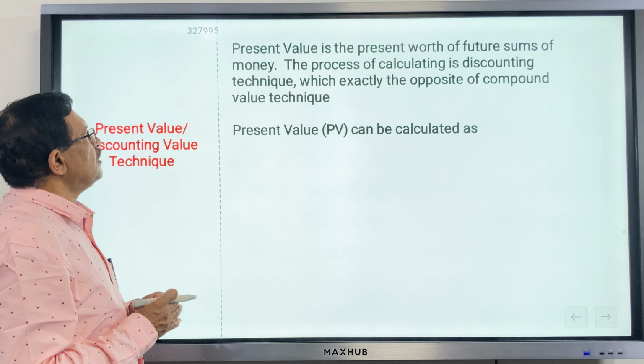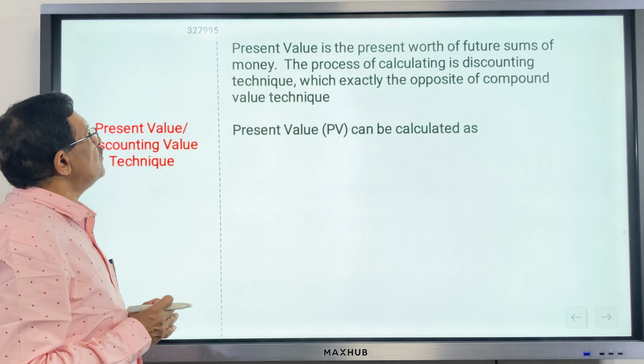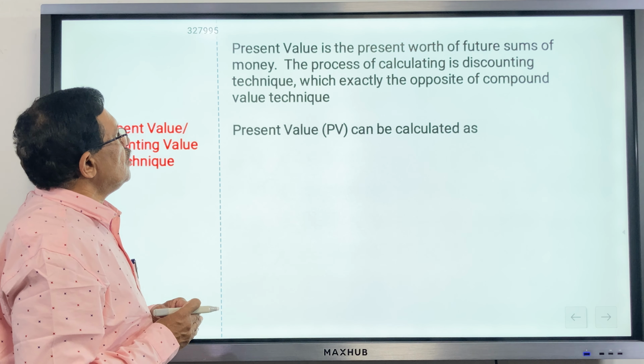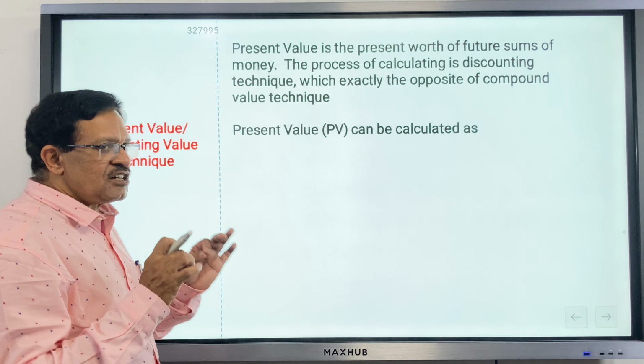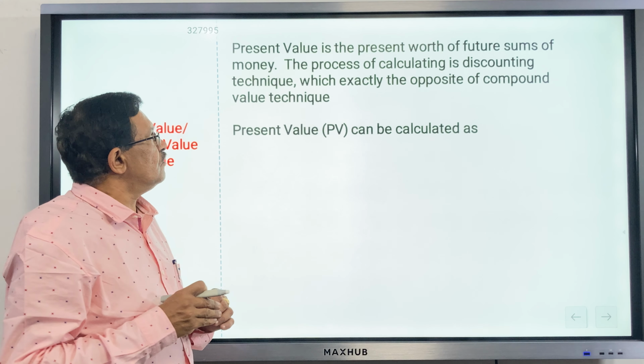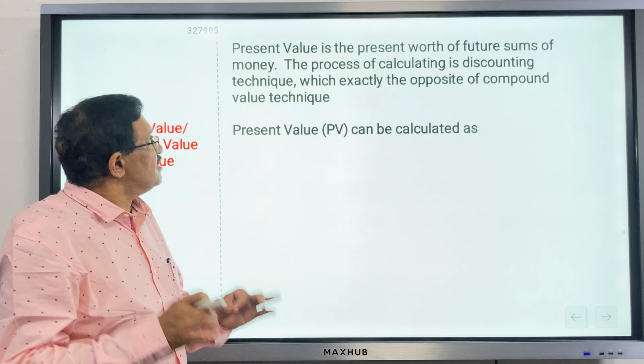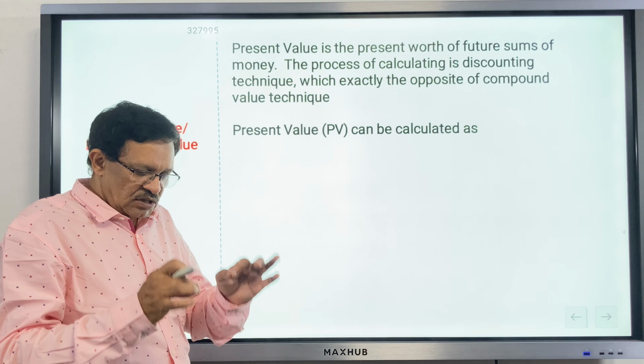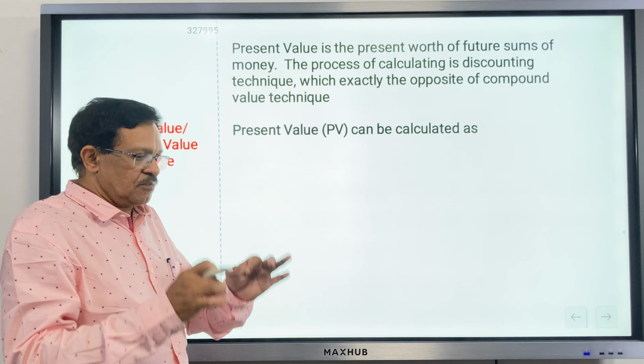What is this present value? Present value, in simple terms, is the present worth of future sums of money. Let me repeat, present value is the present worth of future sums of money.